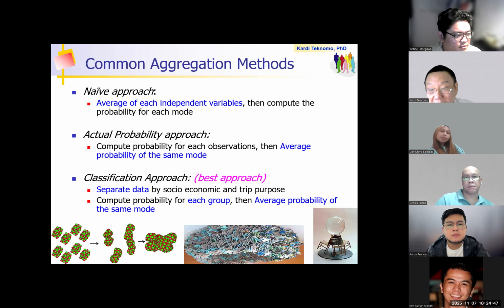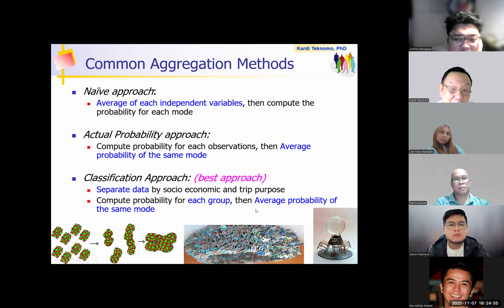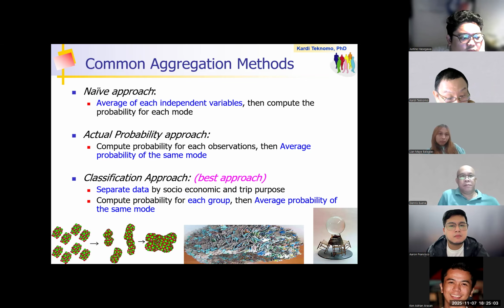Once you have this, you compute the probability for each group. Then you take the average probability of the same mode. This is the way to do it, or you aggregate all.